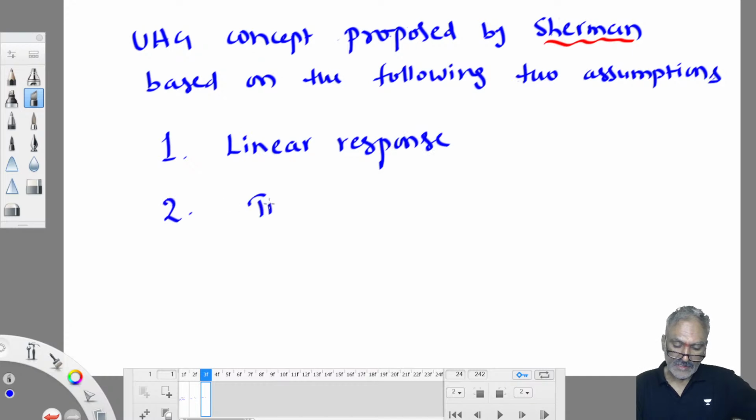Assumption number 2 is time invariance. Time invariance and linear response assumptions are.